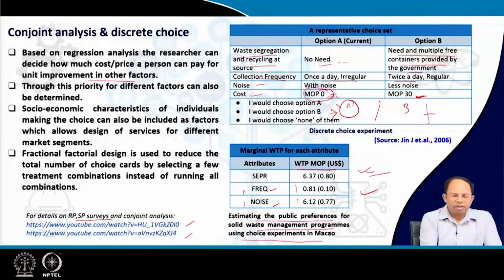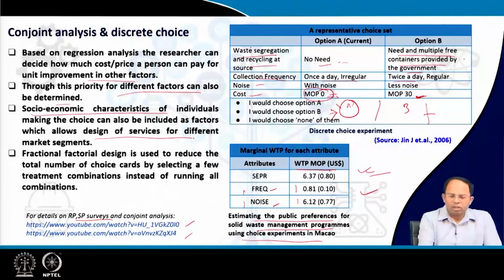Through this regression process, we can also determine the priority of the different factors, which are important factors in making a choice. In addition to all this, we can also include socioeconomic characteristics of individuals in the regression model, which can help us in determining what sort of services can be designed for which market segments. So that is another beauty of it.